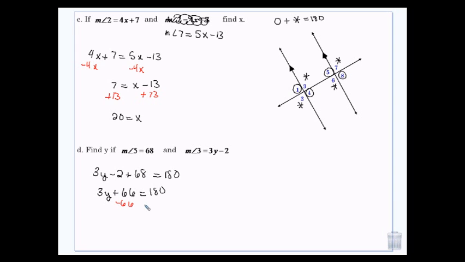Subtract 66 from both sides. And I get 3y is equal to 114. Divide by 3. And y is equal to 38.